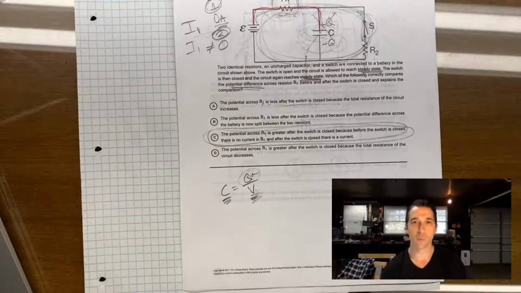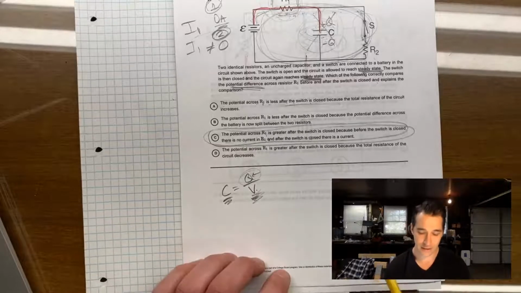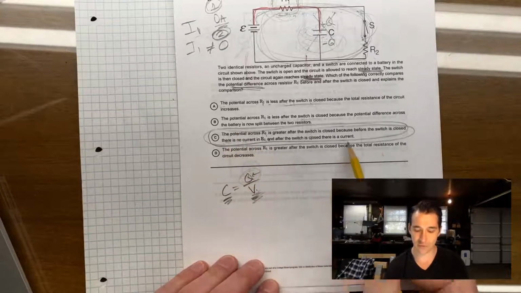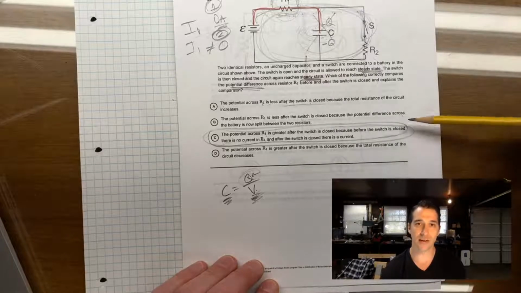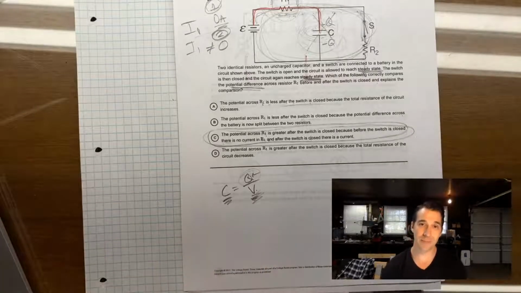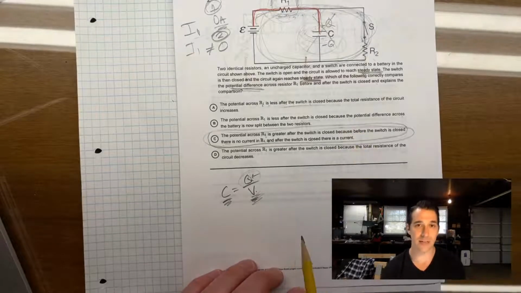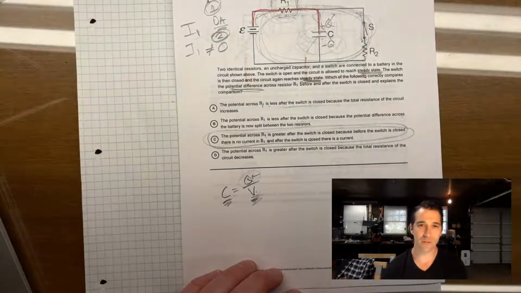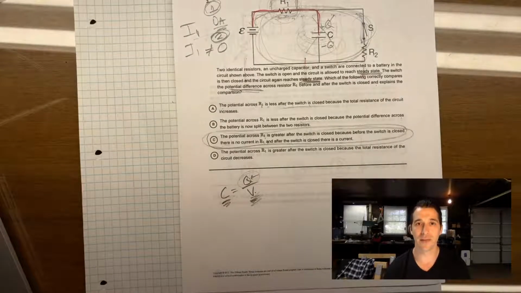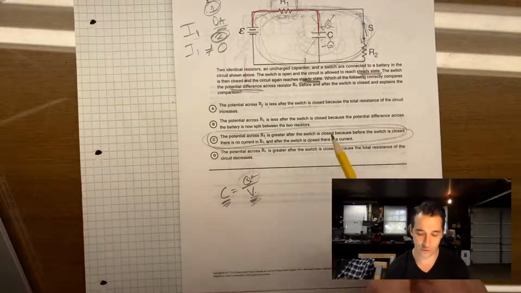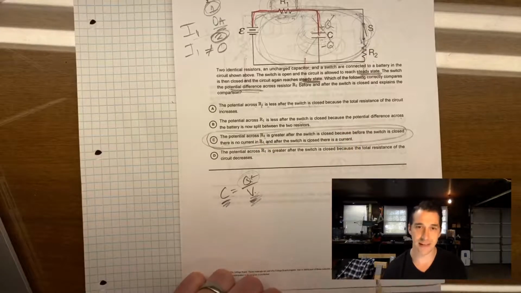Oh, yeah, there was no current flowing. Now there is. So this actually can give you information. The problem is those explanations and the wrong answers could be misleading you as well. But read through them all and read the explanations, and maybe one of them will jog your memory and make you think, oh yeah, now I remember that. Okay, that was helpful. And I know for a fact that's true, so that makes sense.